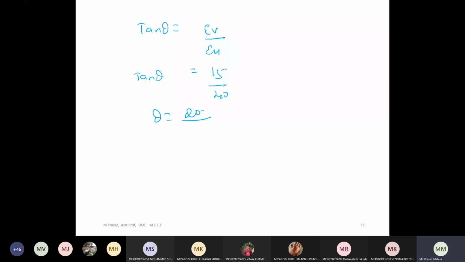20.55 is the angle. So this is the angle made by the balancing mass with respect to the resultant force. You can see here, this theta is the angle of the resultant from the horizontal mass of 200 kg.